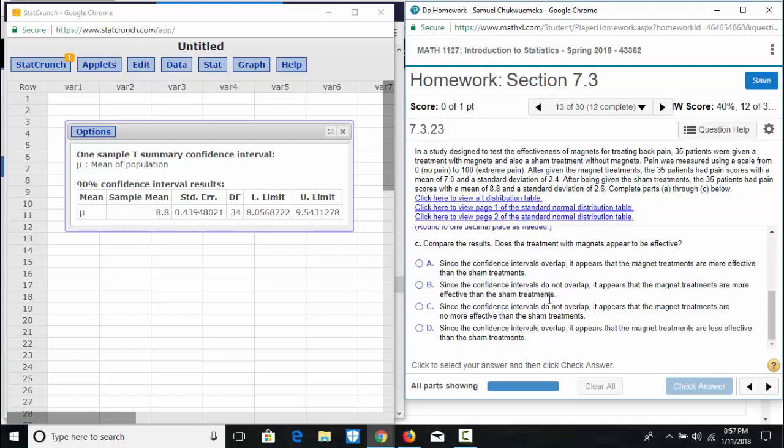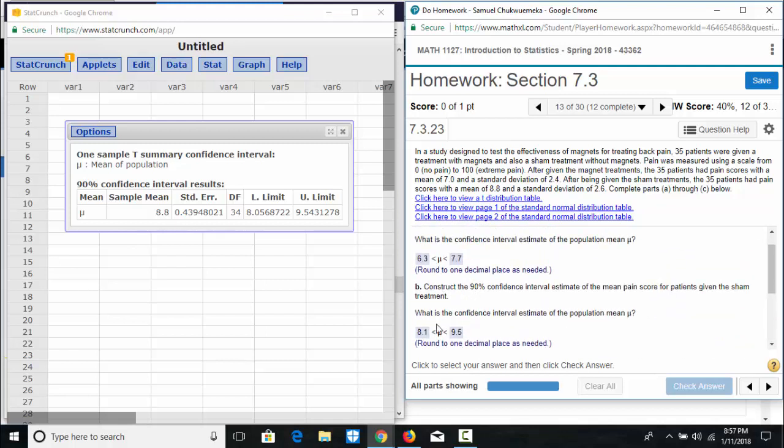Okay, compare the results. Does the treatment with magnets appear to be effective? A. Since the confidence intervals overlap, it appears that the magnet treatments are more effective than the sham treatments. They don't overlap. This is between 6.3 to 7.7, and this is between 8.1 to 9.5. They did not overlap, no.